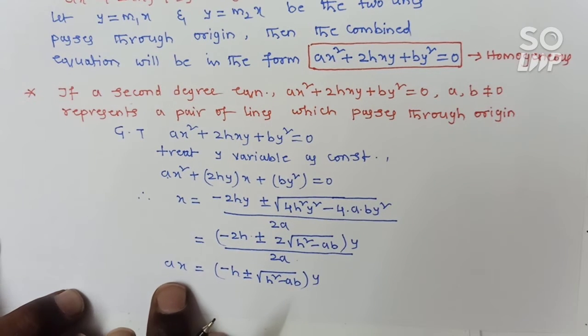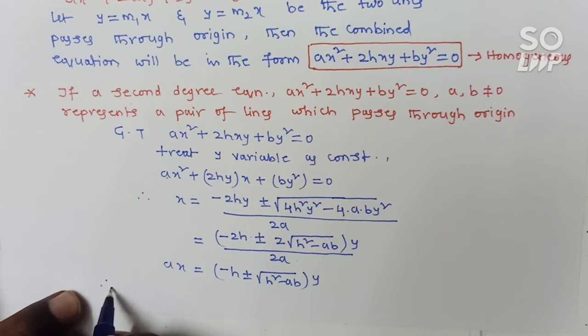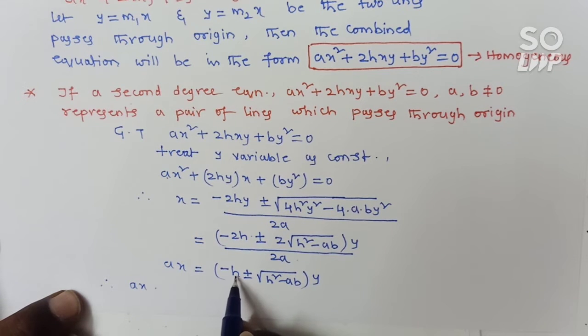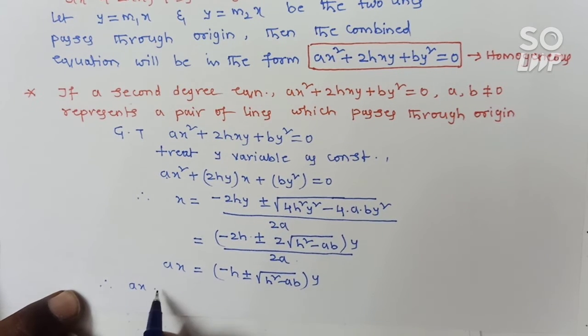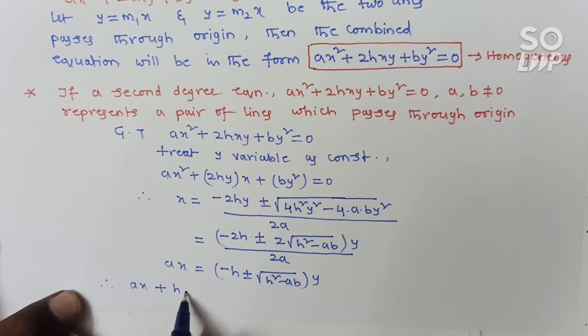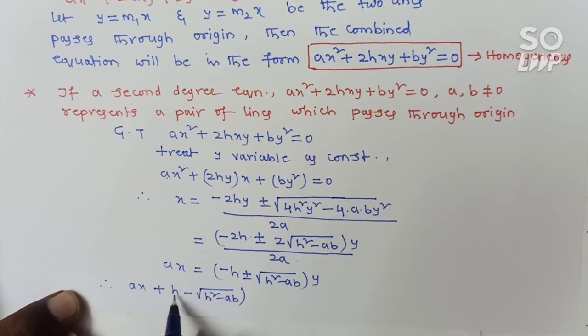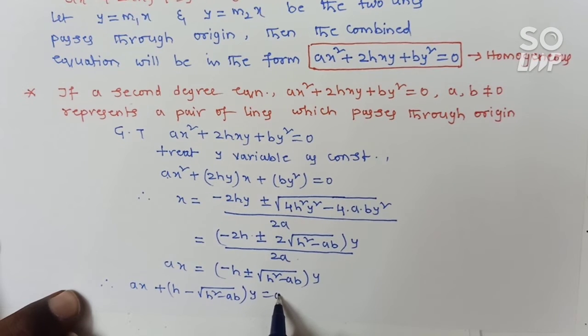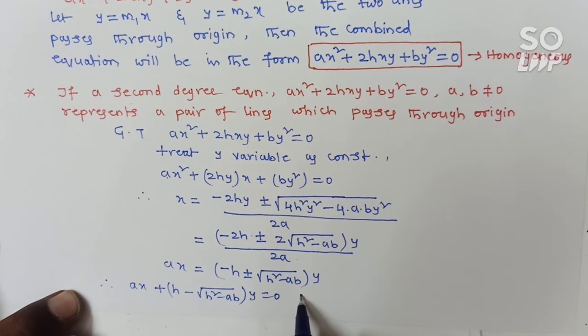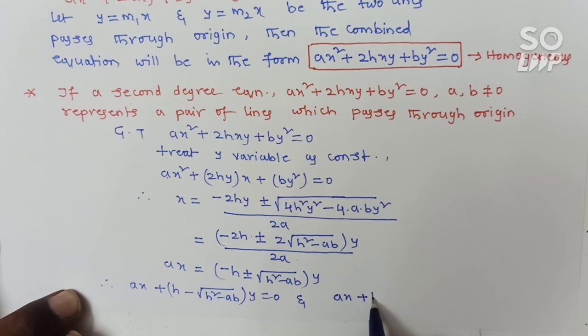So here you see that one equation will be, therefore one equation is that ax is equals to, so here once you take the positive and other one is the negative, plus h minus root of h square minus ab into y is equals to 0, that is one factor, or another one is a into x plus h plus root of h square minus ab into y is equals to 0.